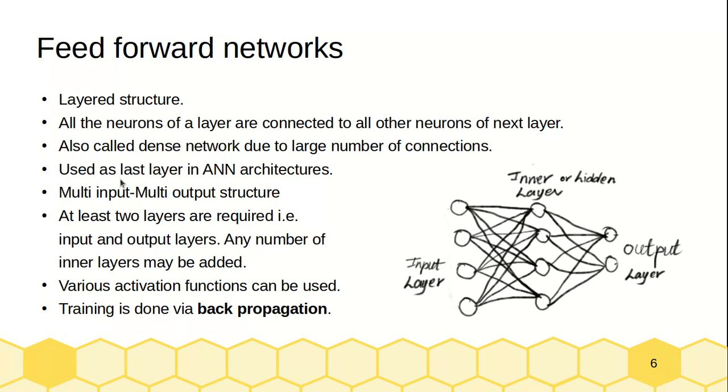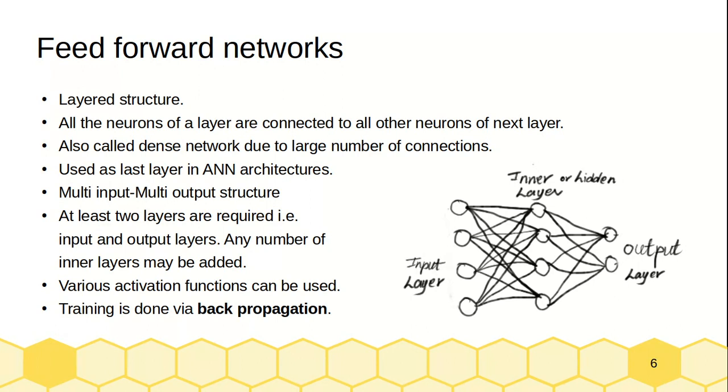They are used as the last layer in artificial neural networks. There would be a bunch of other kinds of networks that interact with the input, and after they interact, the feed forward network would be the last one that acts upon their output. And a feed forward network can have a multi input, multi output structure.